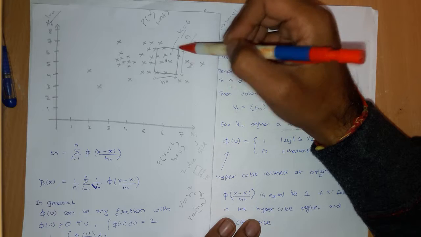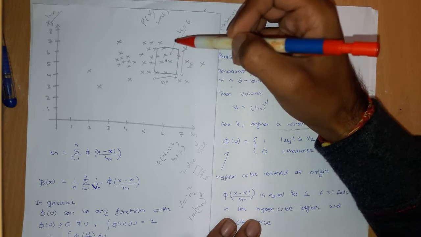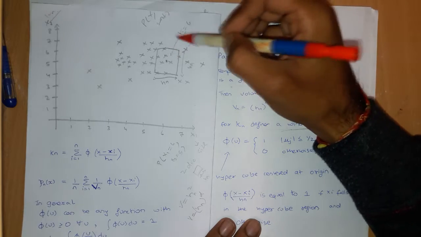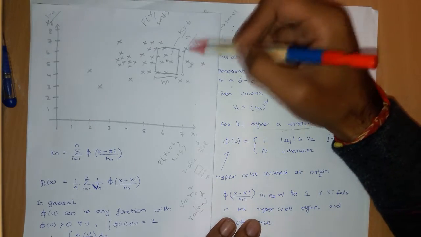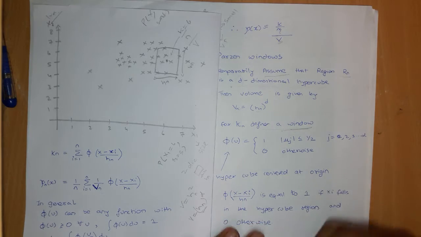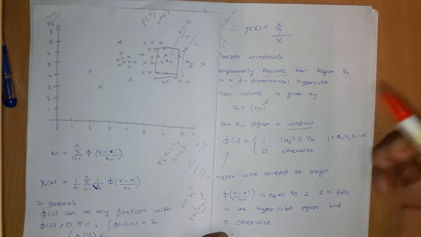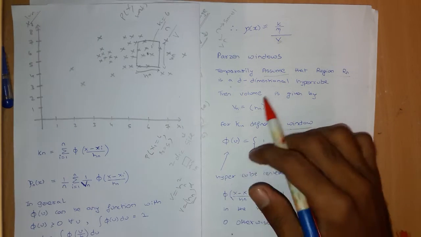You take a window and you see how many samples are falling into it, and that will give you the value of k. You know how many samples there are, that is n, and you know what V is, because it is just hn raised to d. This is something that we fix prior. It is like k-means, you decide the value of k. Similarly you can decide the value of hn.